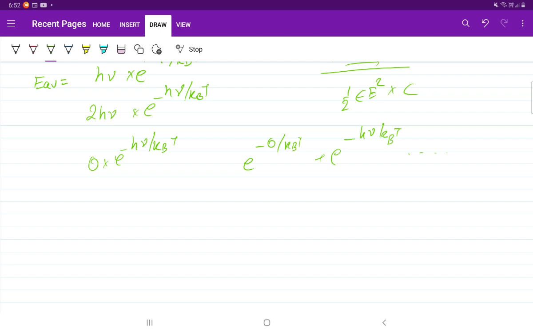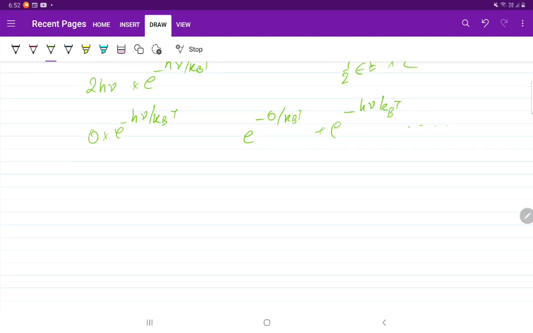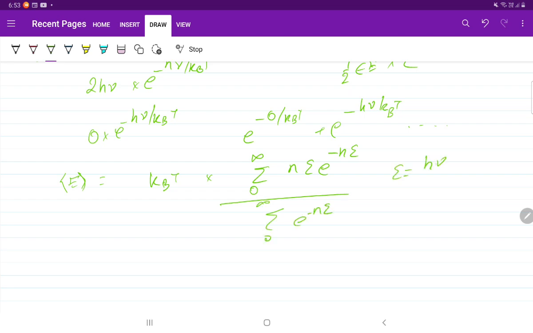So you will get something like average energy E is equal to kBT into summation 0 to infinity n epsilon e to the minus n epsilon by summation e to the minus n epsilon 0 to infinity, where epsilon is given as h nu by kBT, right? So we have taken the first assumption that epsilon is equal to h nu by kBT.